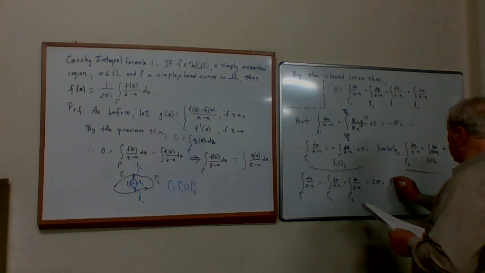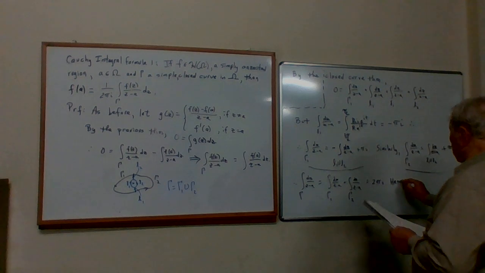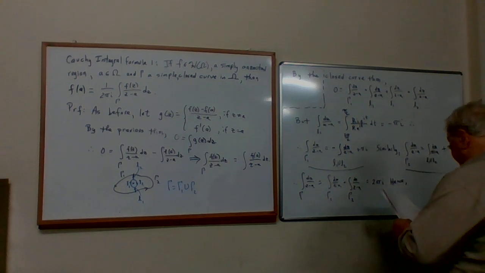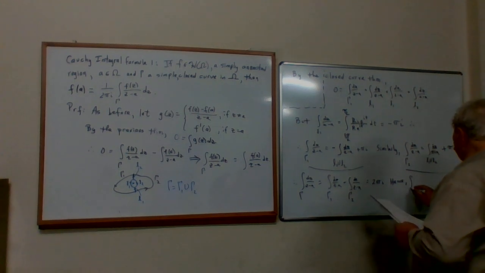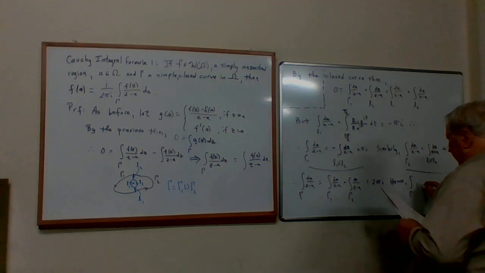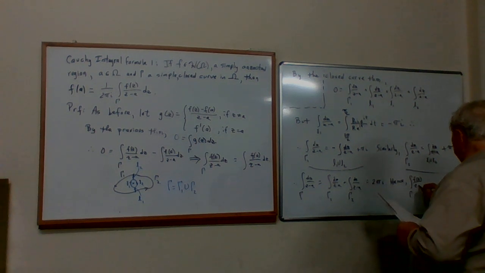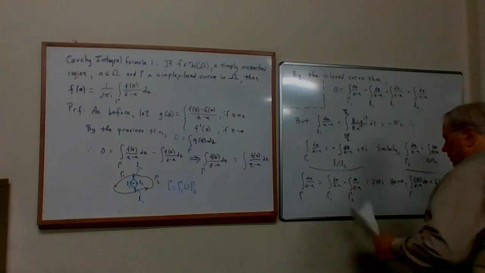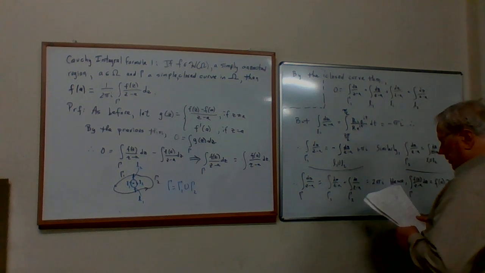Hence, the integral of f of z over z minus a dz is equal to f of a times 2 pi i, which is exactly what I wanted to prove.